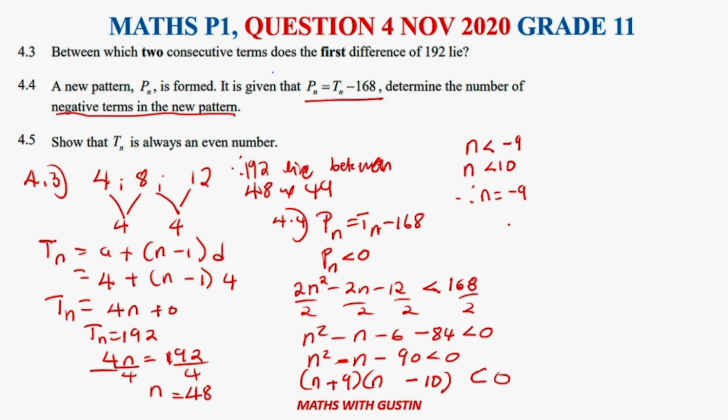And then we'll just have to do now 4.5. 4.5, it said show that Tn is always an even number.